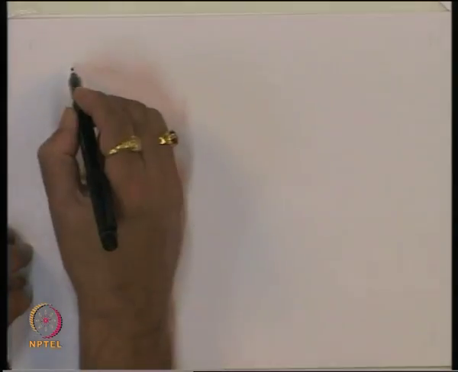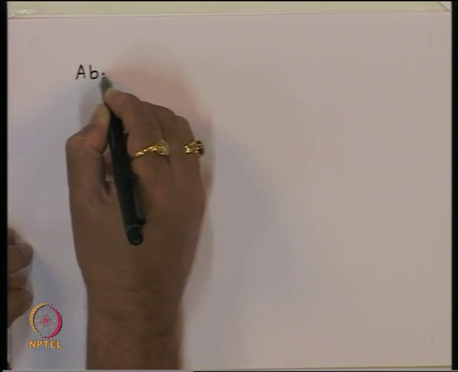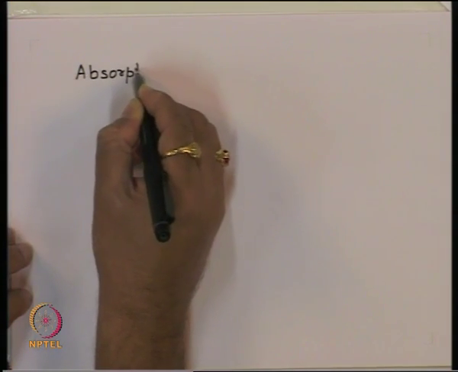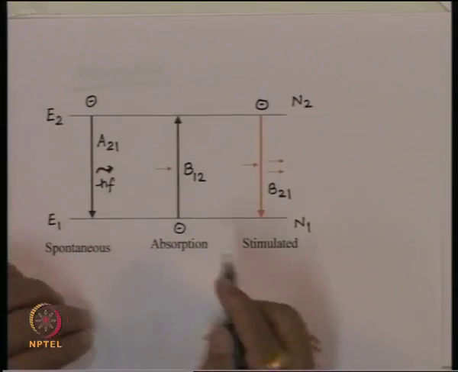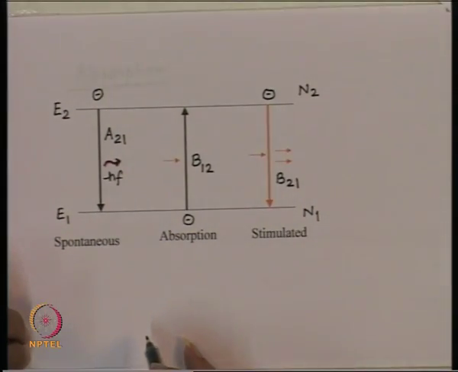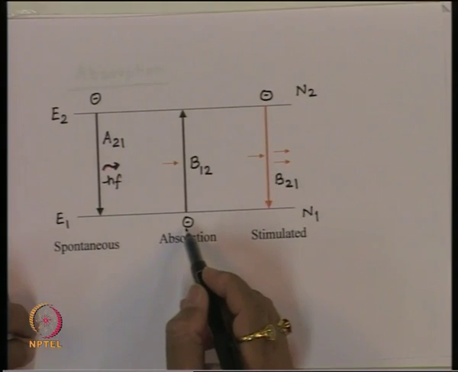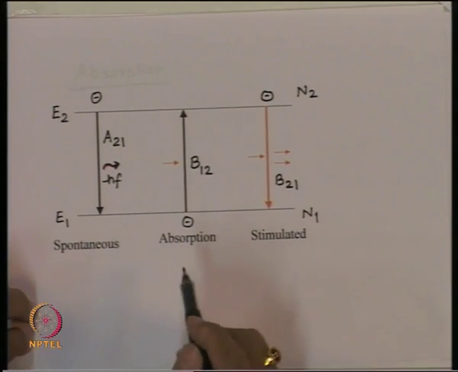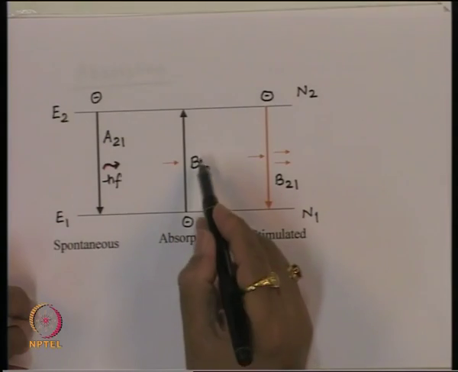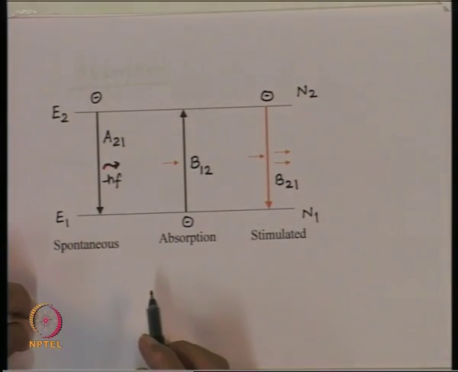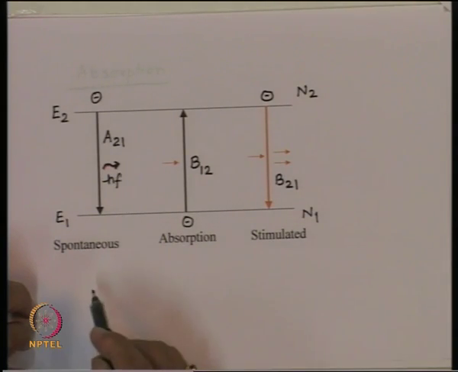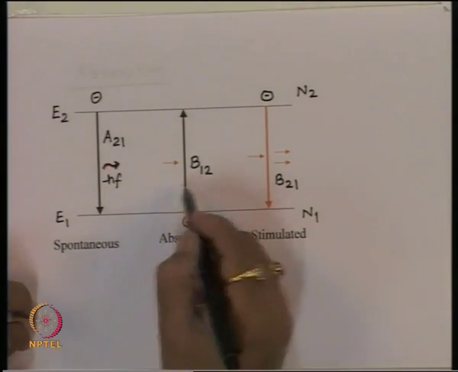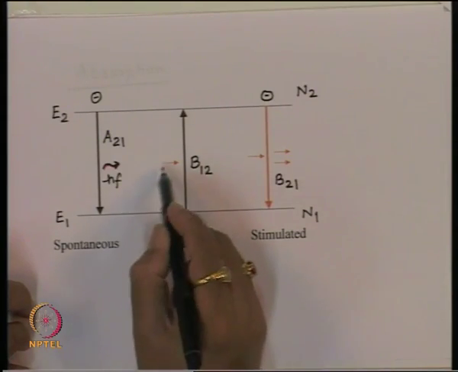Now we can write down the absorption process, where electrons are taken from the ground state to the upper state, and the rate of change of the electron density in this level will be proportional to the density here in the lower state, and is also proportional to the photon flux, which is rho of f.